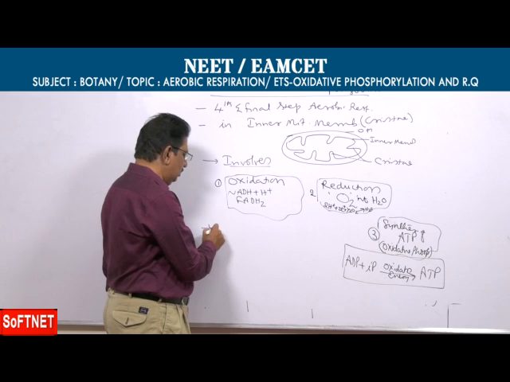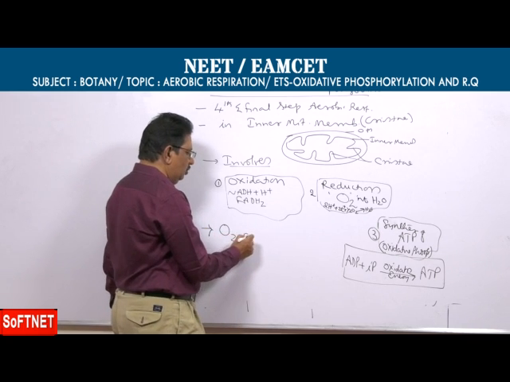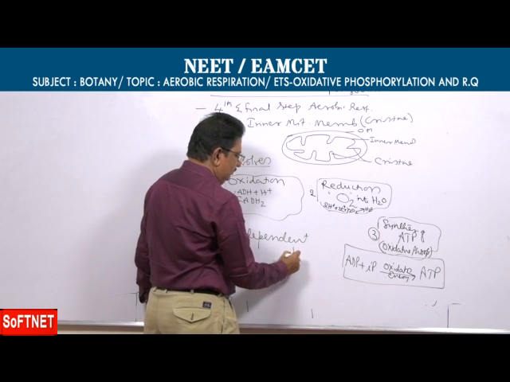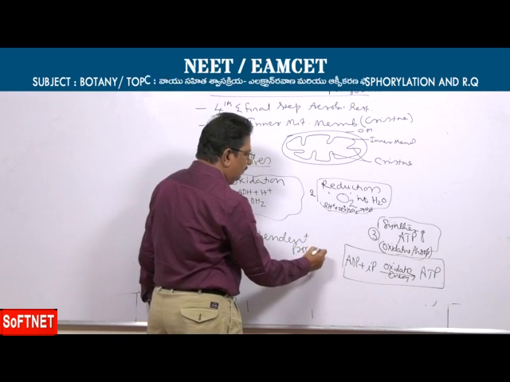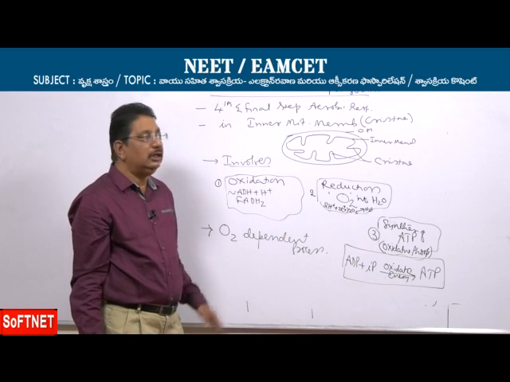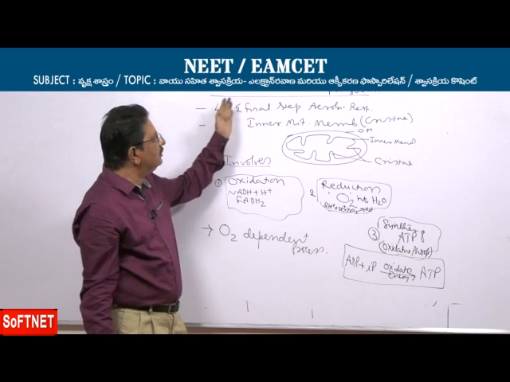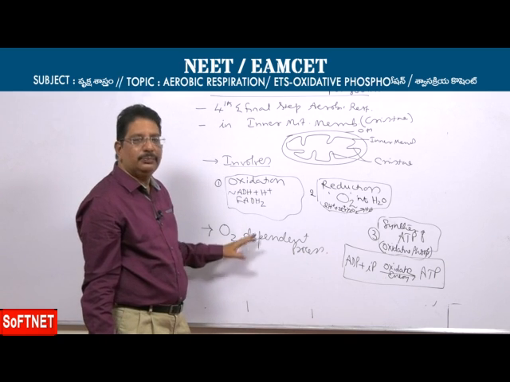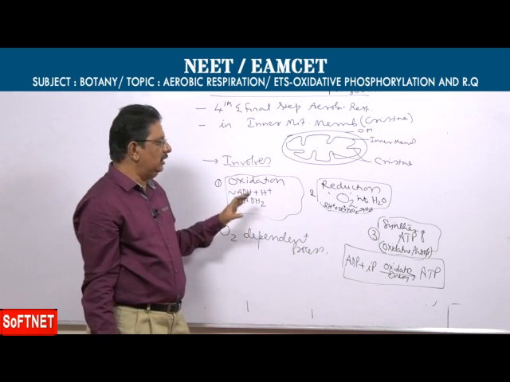So, it is also called the O2 dependent process. The O2 dependent process in aerobic respiration is the ETS and oxidative phosphorylation, and oxygen participation is seen in this step only.